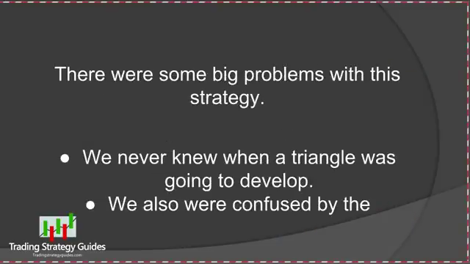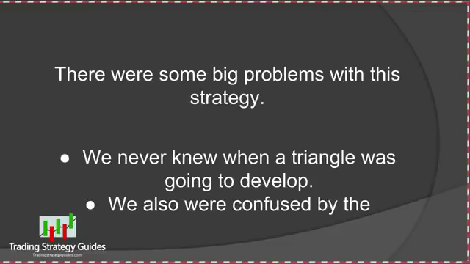There were some big problems with trading the strategy on its own. One of them is we never knew when the triangle was developed, and that was kind of a problem. We were also confused about where to put the points. It was really kind of a mess for us. We also didn't know when they were going to happen, or what pairs the triangles were happening on.